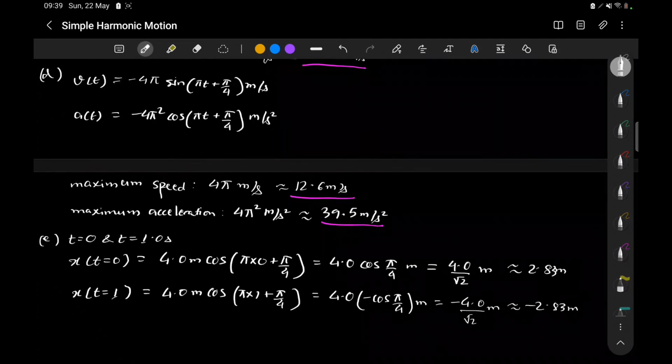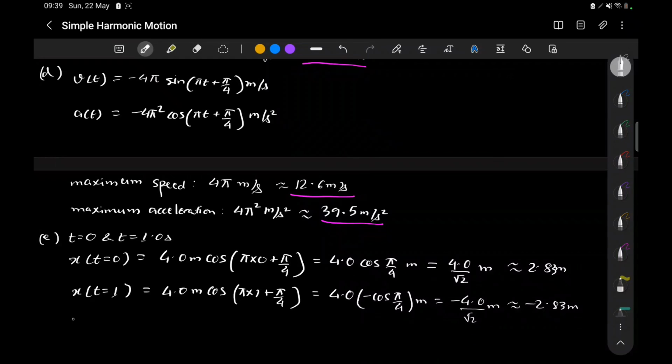So the displacement will be the final position minus the initial position.